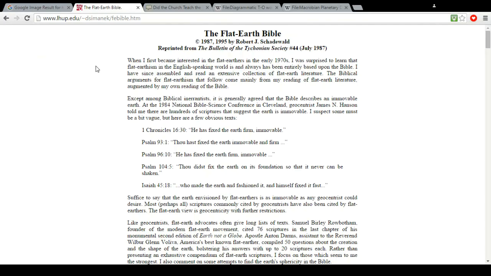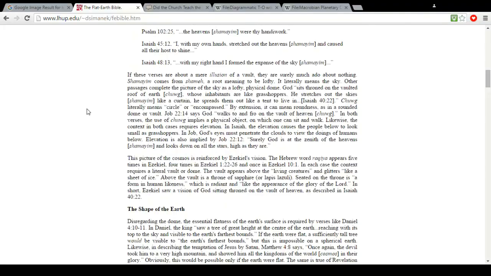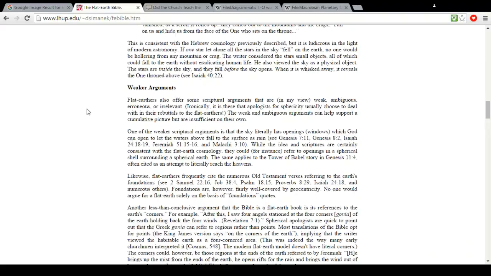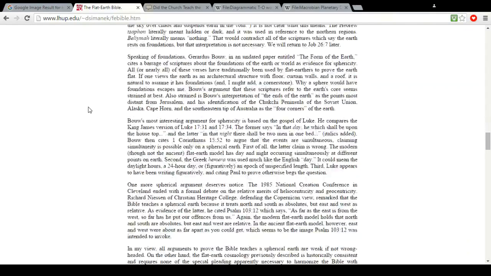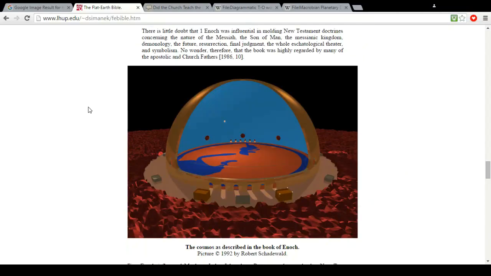Now, this is called the Flat Earth Bible, and regardless of whether or not you believe in anything, it goes into different quotes from the Bible. And from those quotes, they go into various references and how the Earth is supposed to look.